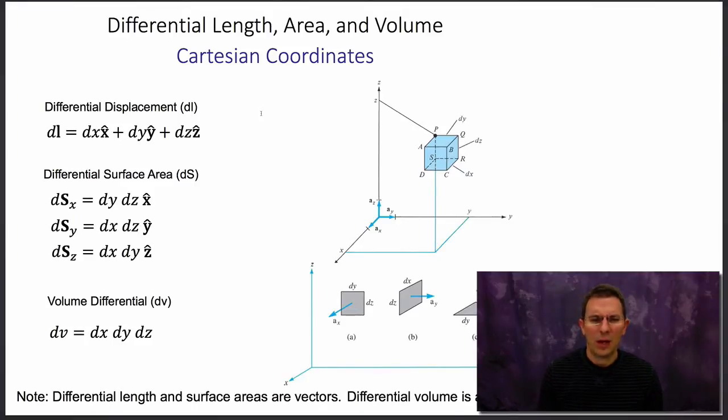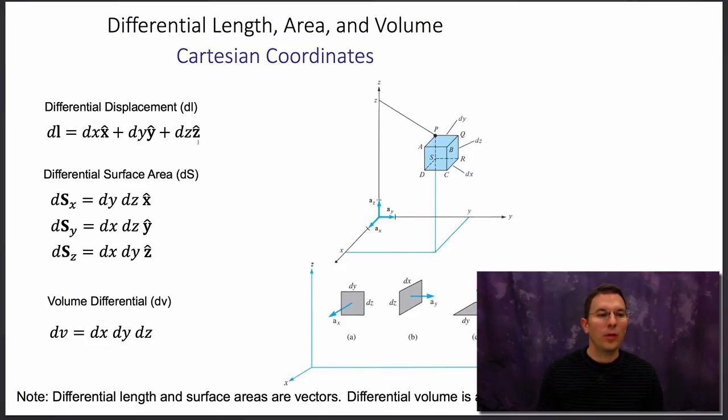In this case, this is the Cartesian coordinate system, and this is a coordinate system that you would choose if you were integrating along lines that were parallel, for instance, to the x, y, or z axes, integrating over square or rectangular surfaces that were parallel to one of the coordinate planes, like the zx plane, the xz plane, or the xy plane, or if you were integrating over rectangular volumes. This is the coordinate system that you would need.